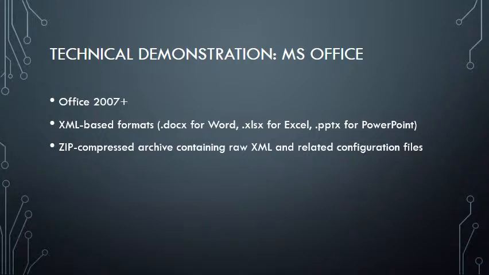In much the same way that a web browser renders raw HTML into a web page, Word and other applications render the raw XML into a document or spreadsheet or presentation, according to whatever application you're using. Because of this, we can use a very low-tech steganography technique, which I will demonstrate hereafter.